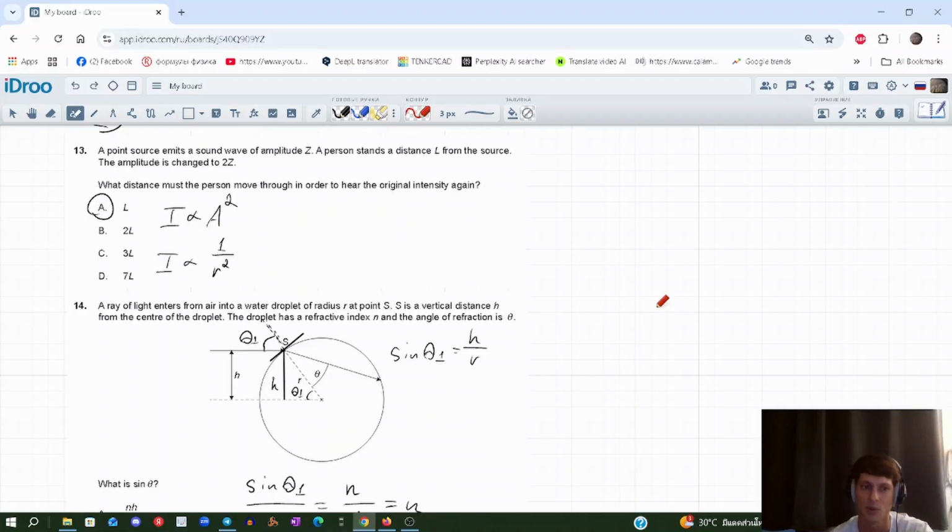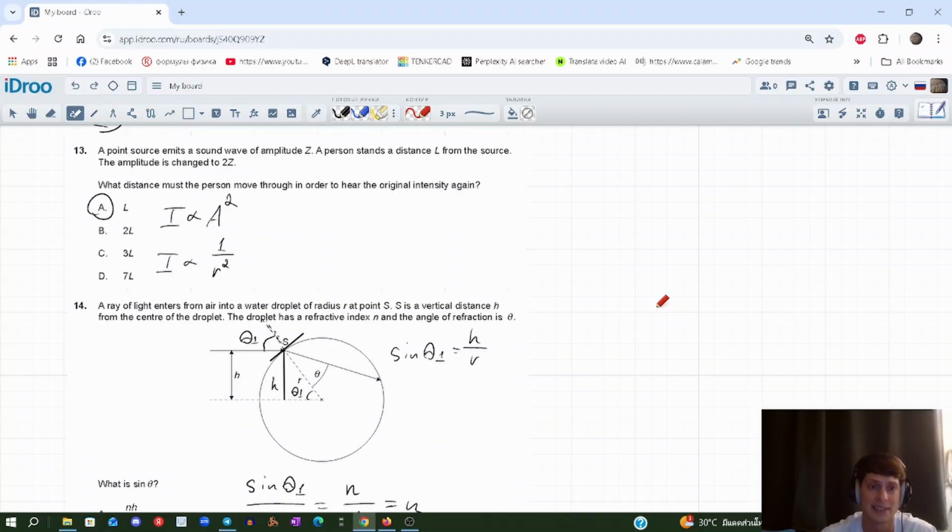Because it's amplitude squared. But also we know that intensity is inversely proportional to distance squared. So it means that if we want the intensity to be the same, we have to increase the distance by a factor of 2. Because if we increase distance by a factor of 2, intensity will be decreased by a factor of 4.